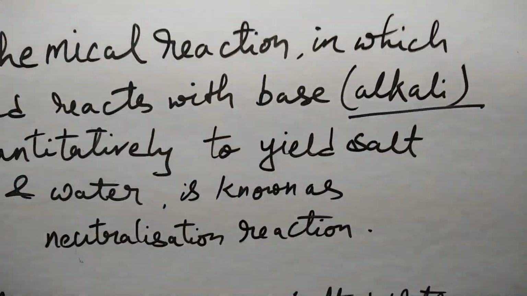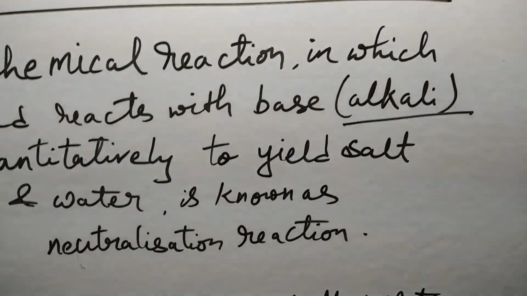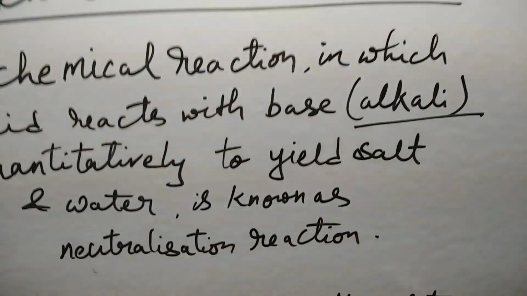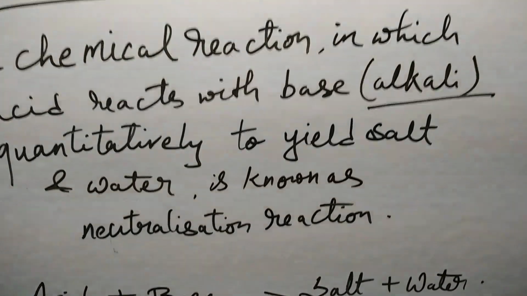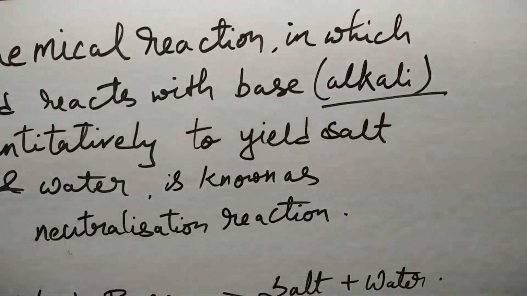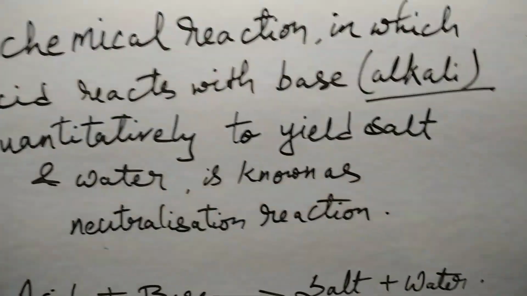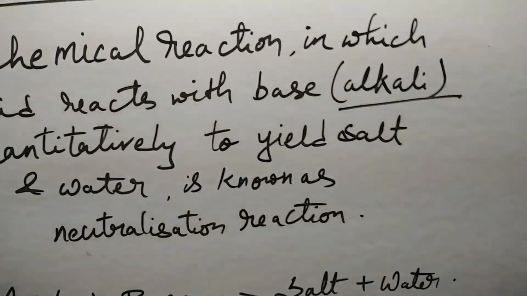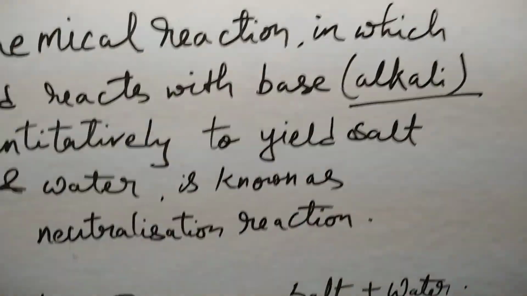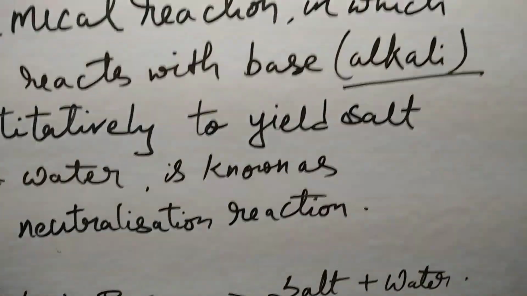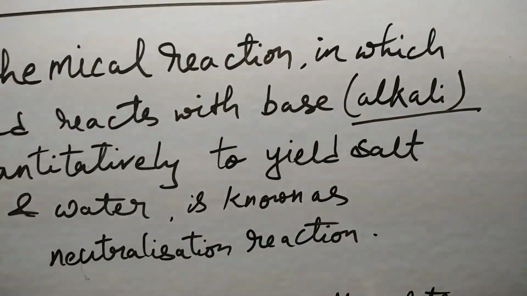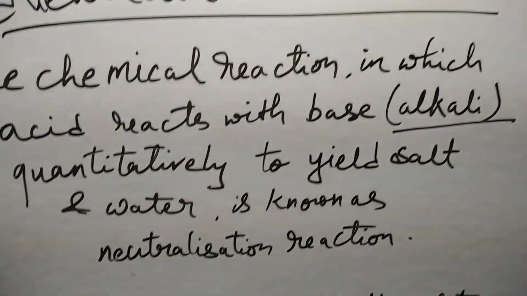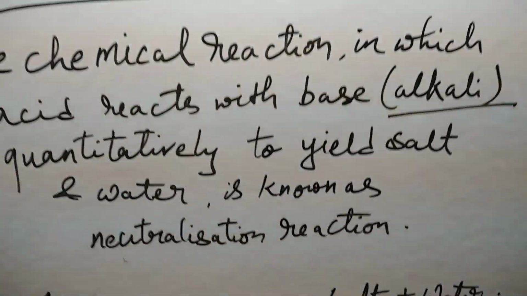That's why a common sentence we use during acid base is that all alkalis are bases but all bases are not alkalis. Why? Because there are many bases which don't dissolve in water. So alkalis are those bases which dissolve in water. Understand?